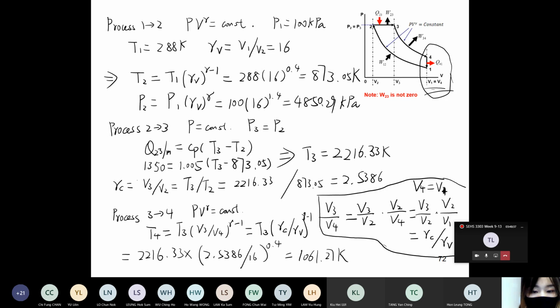The second thing, do not skip any step. You should perform the analysis from point 1 to 2, 2 to 3, 3 to 4. Do not skip any process. Okay, that's the air standard diesel cycle.